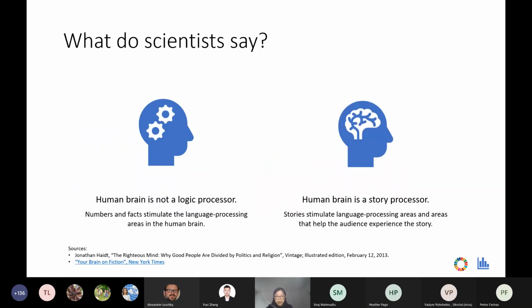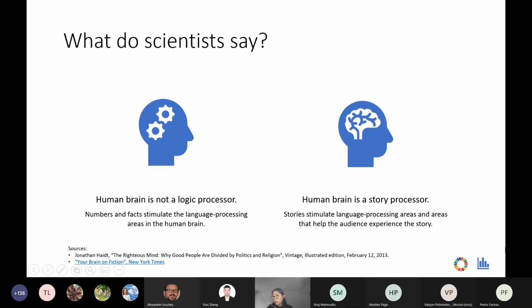I also want to share some interesting findings about the human brain. Scientists found that being told a story drastically changes the way our brains work. When people hear neutral words like chair or key or desk, the language processing parts of our brain are activated. However, when people are told a story, not only the language processing parts are activated, but also the sensory areas that our brain uses to experience the story.